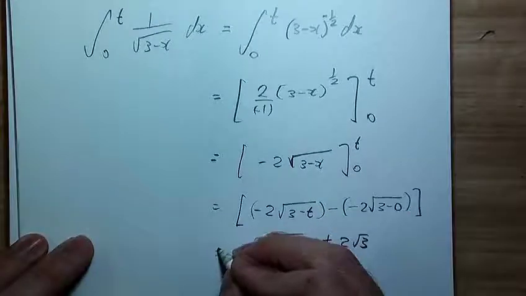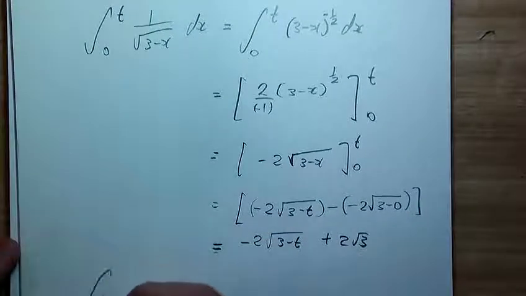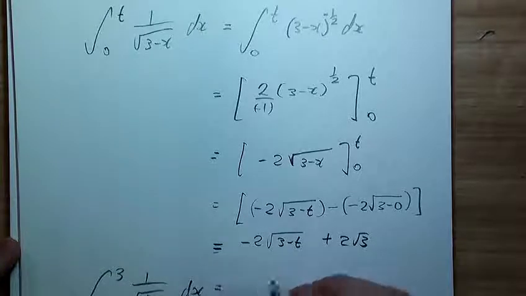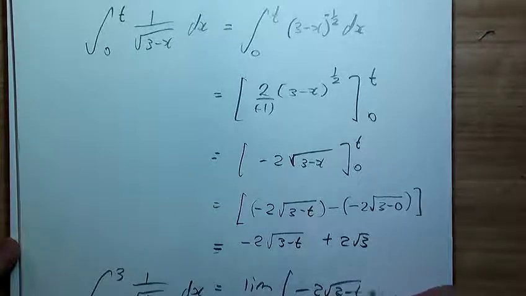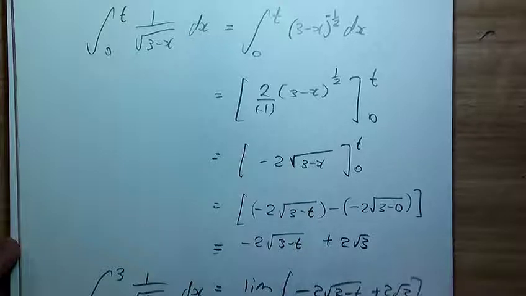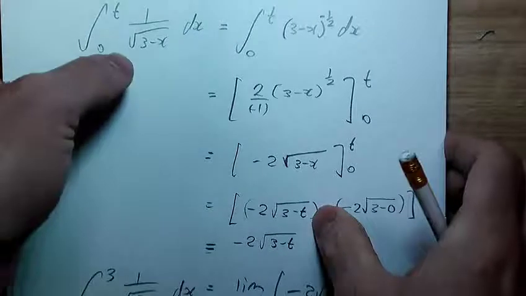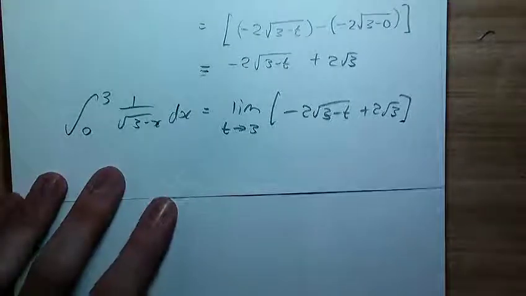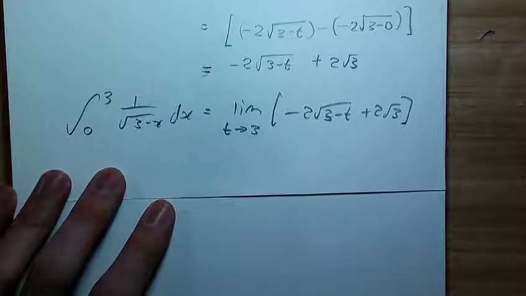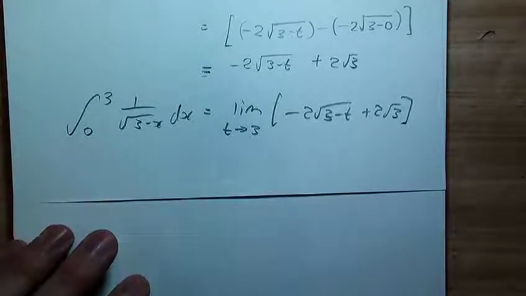Okay, and so now what we're saying is that the integral from 0 to 3 of 1 over root 3 minus x dx is going to be the limit of this. Oops, sorry. It's going to be the limit of that. You see, I only had to write lim once.